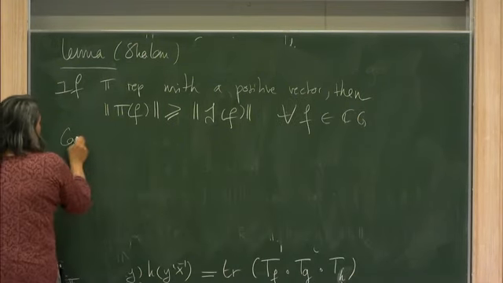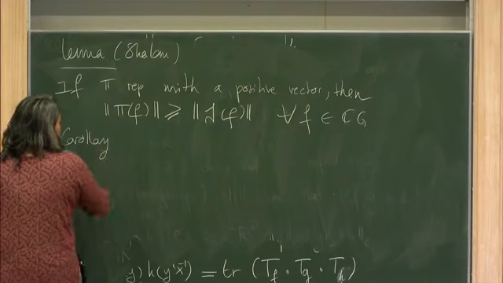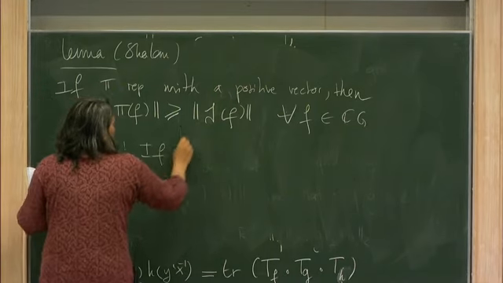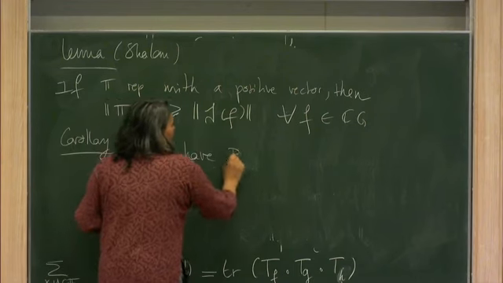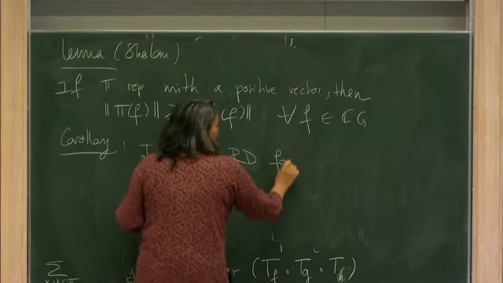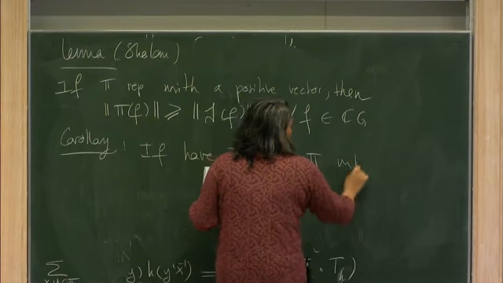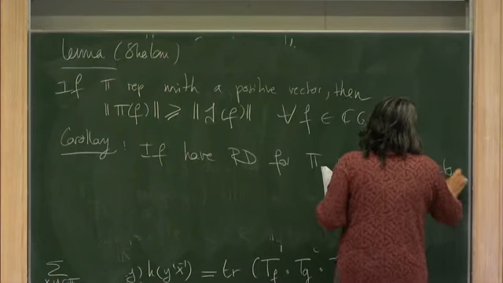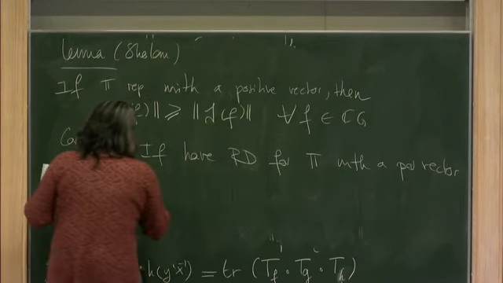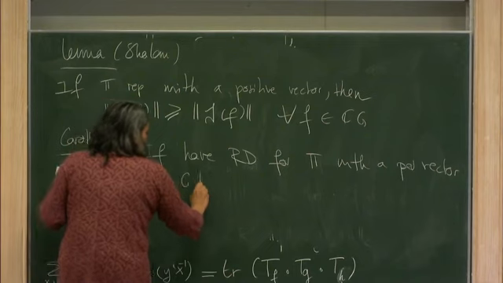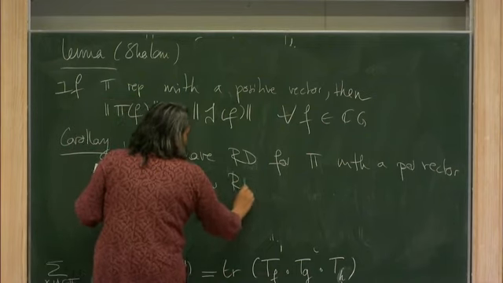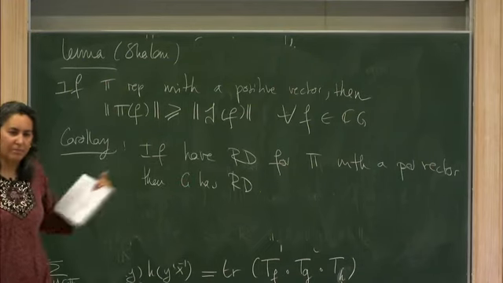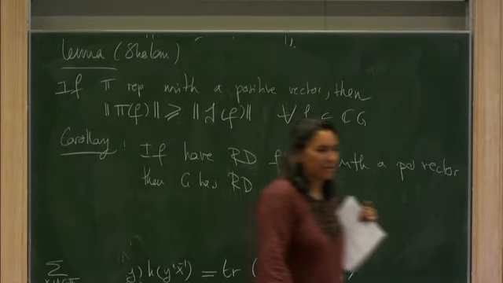So as an obvious corollary, if you have rapid decay for a representation with a positive vector, then G has the rapid decay property, for one of the definitions that I gave.